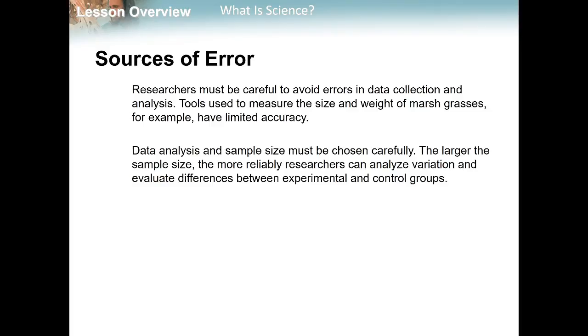So we need to make sure that whatever data we're collecting depends on the accuracy of the tool.